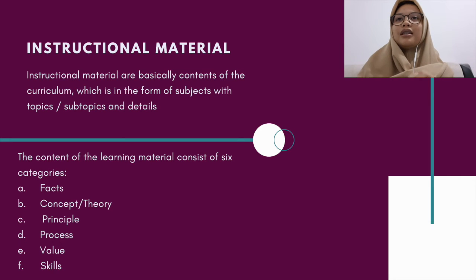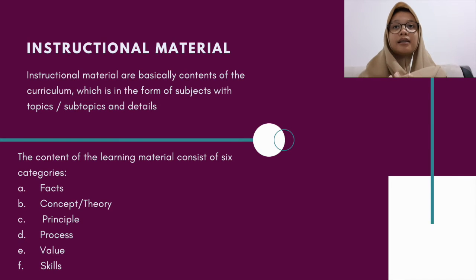Next, we have instructional material. Instructional materials are basically content. Content of the curriculum, which is in the form of subject, with topic or subtopic in detail. The content of learning materials consists of 6 categories. First is facts. Of course, in learning material, we have to be concerned about the validation of the knowledge.